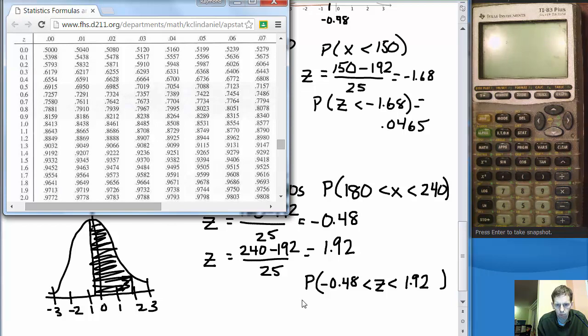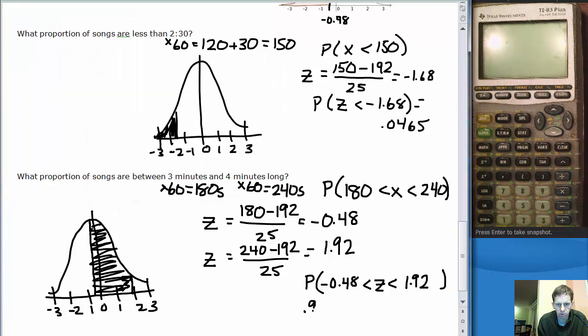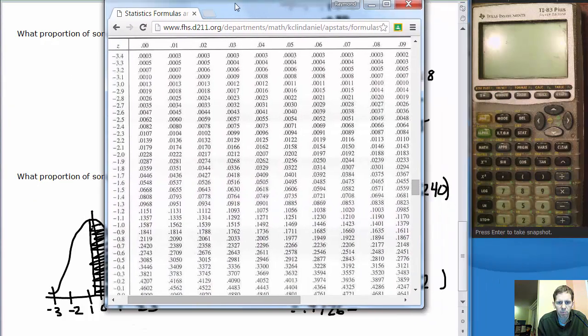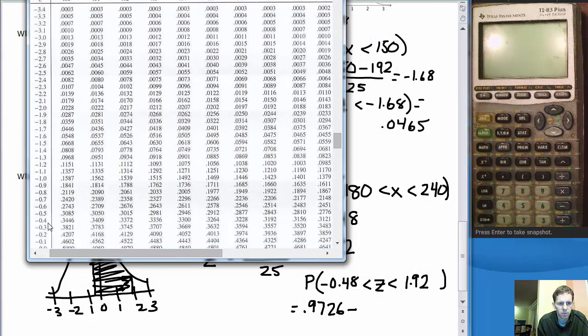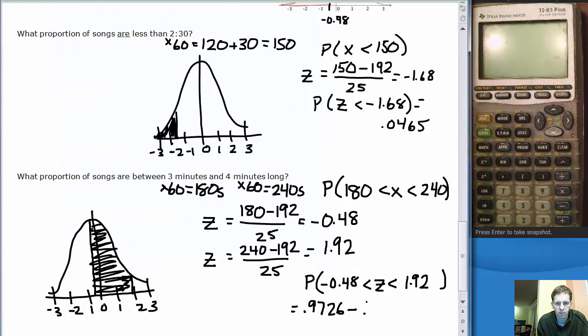Now what we're going to do is take 0.9726 and subtract it from the probability listed for negative 0.48, and that probability is 0.3156, it looks like. So we're going to use 0.3156 as a probability for this negative 0.48 value. And when you subtract these two numbers, you get a probability of 0.6570. It's a little over 50%, which seems to match our graph, and that's how you solve that problem.